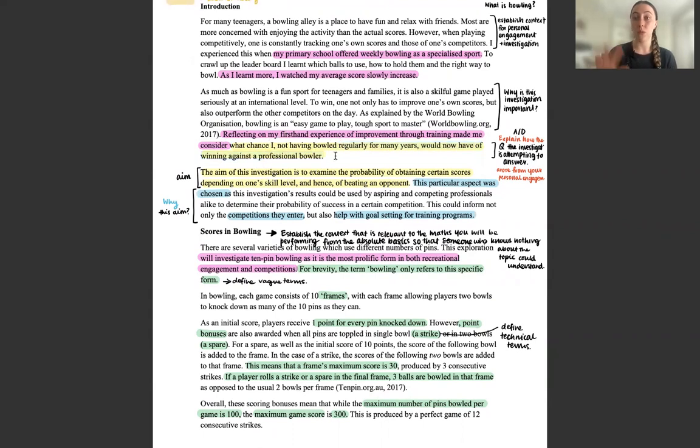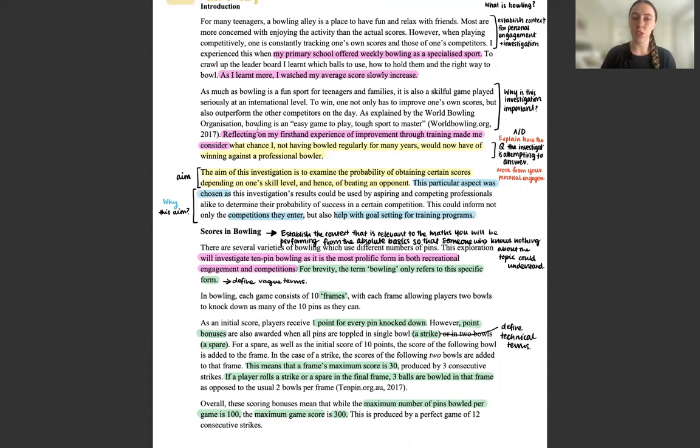Based on my plan before, whether I would be able to beat a professional bowler was the final step. I would need to calculate all of these other probabilities, my probabilities, their probabilities beforehand. But the culminating question that it was all for the purpose of answering was, would I be able to beat a professional bowler? Or what's the probability of me beating a professional bowler?